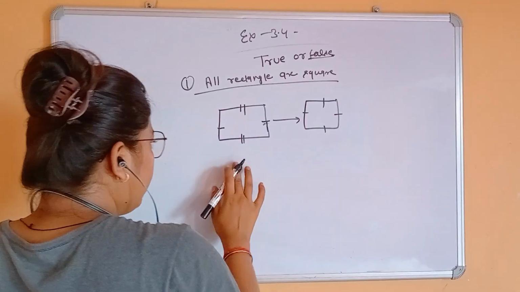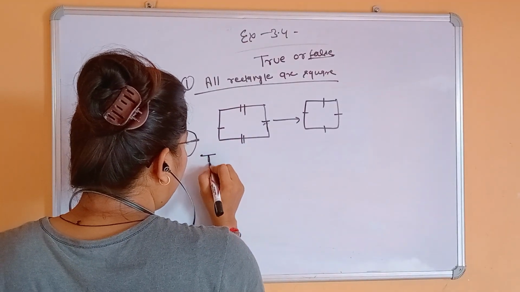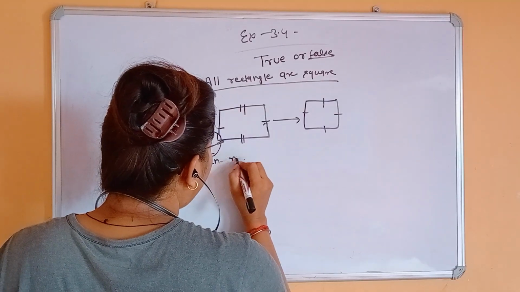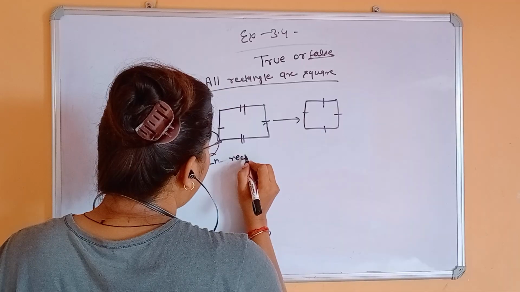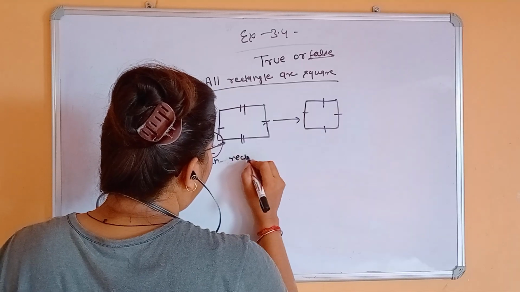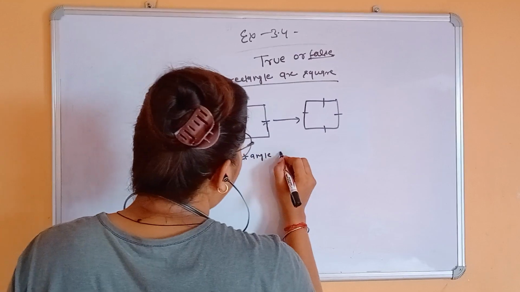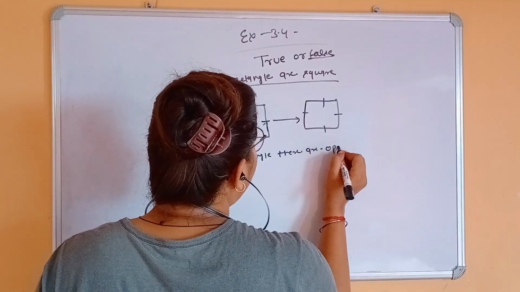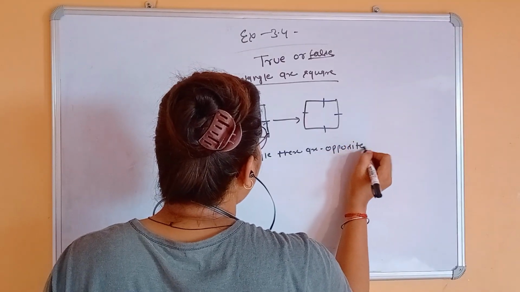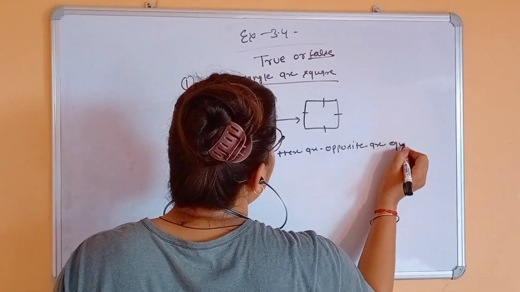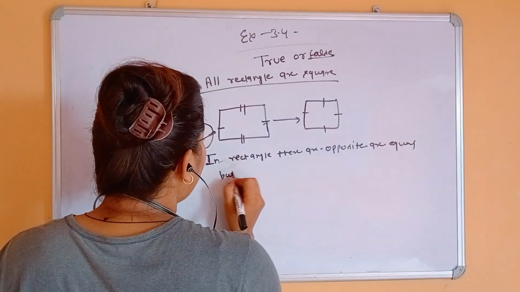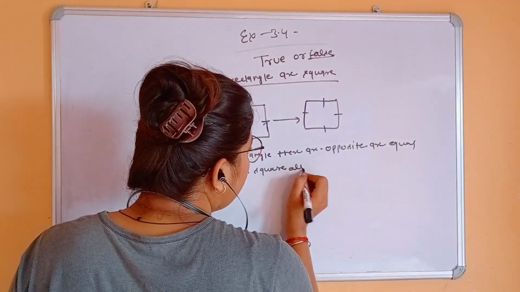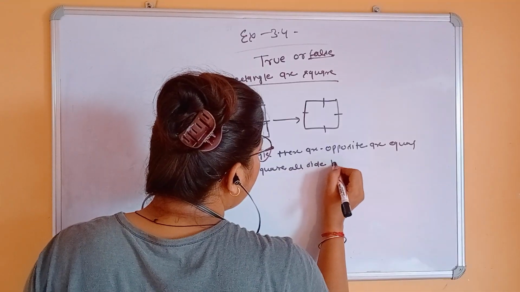In the question a rectangle is given, and in a rectangle the opposite sides are equal, but in a square all sides are equal.